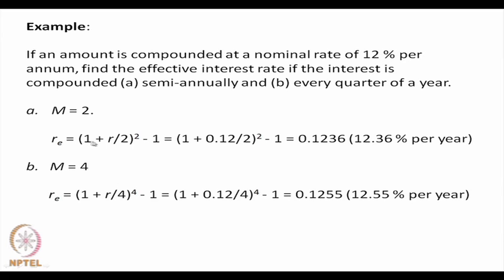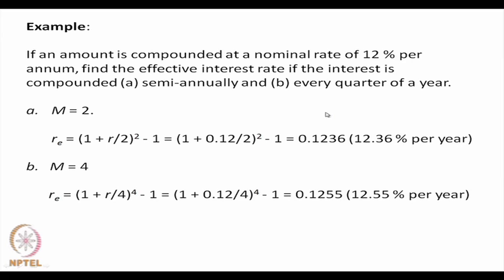Therefore, it is 1 plus 0.12 by 2 whole square minus 1, and this quantity is obtained as 0.1236, which is 12.36% per year. So, although the nominal rate is 12%, when it is compounded semi-annually, the effective interest rate is higher at 12.36% per year.